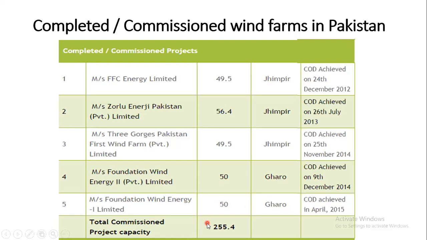After that, more energy was produced in Jhimpir and Gharo by companies like Artistic and Gul Ahmad as well. They installed their units after 2015, and they provide electricity as IPPs to the national grid.